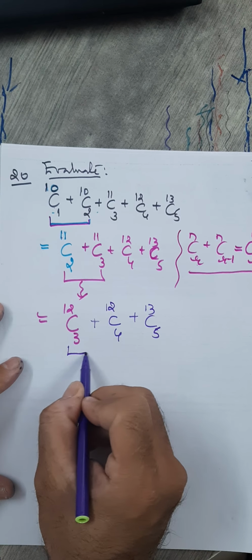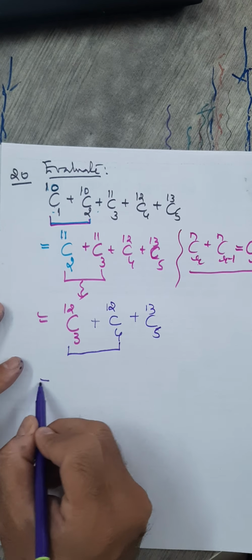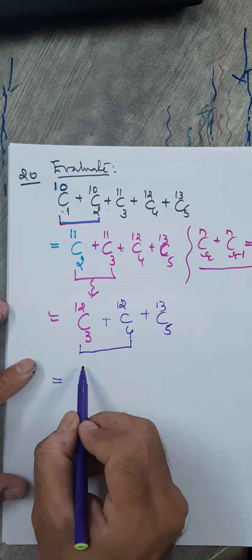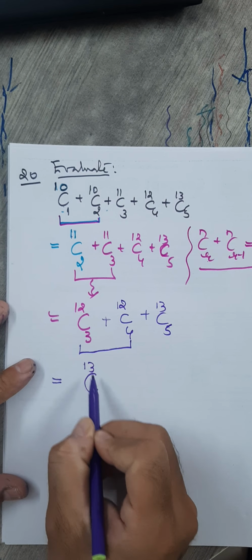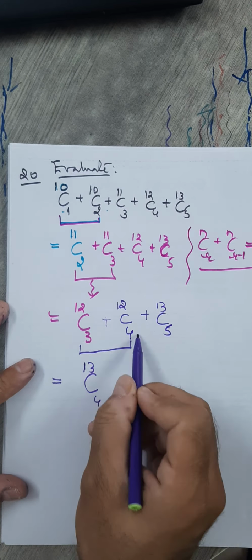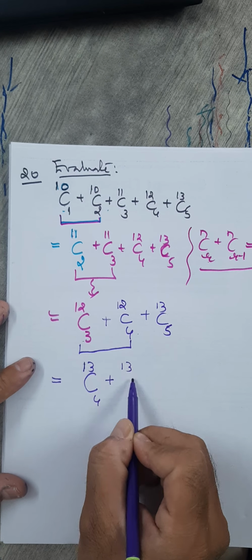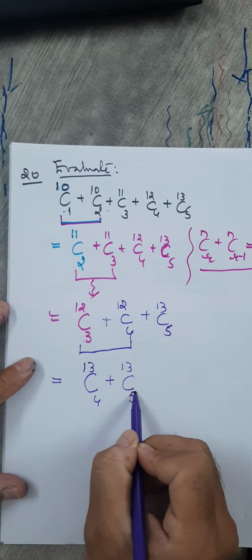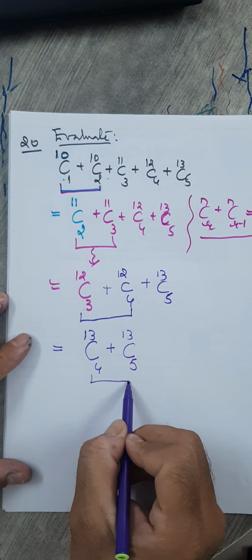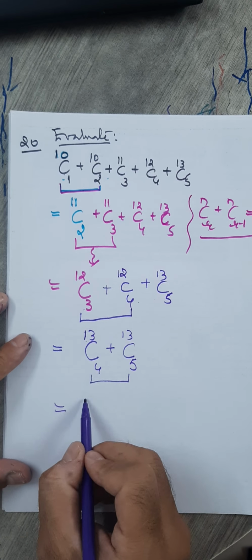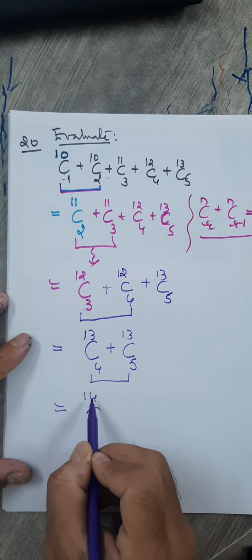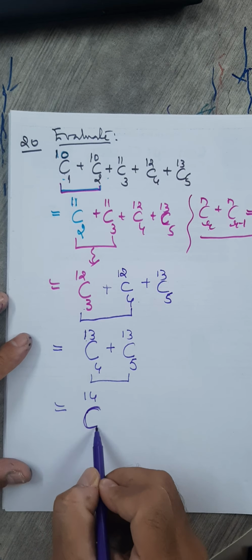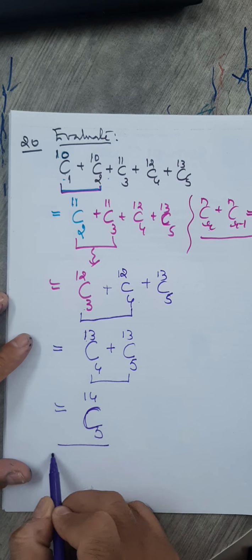Now same, difference is 1, above number are equal. So you will get here 12 plus 1, 13c4 plus 13, this one as it is, 13c5. Now again the same result, above number plus 1, 14c bigger of these two, that is 5. This is the answer, 14c5.